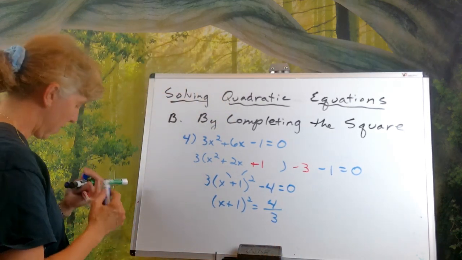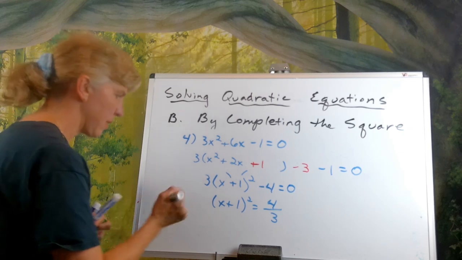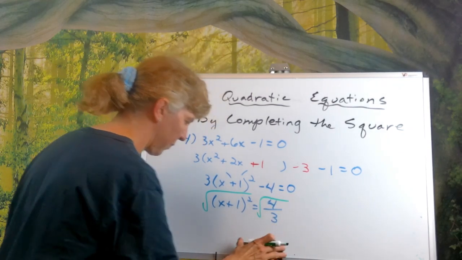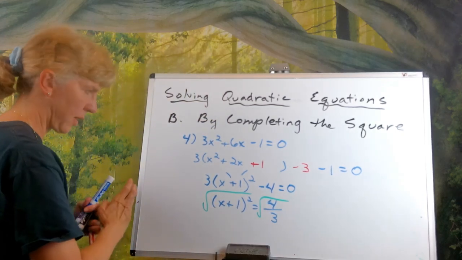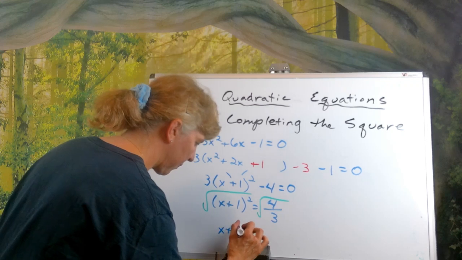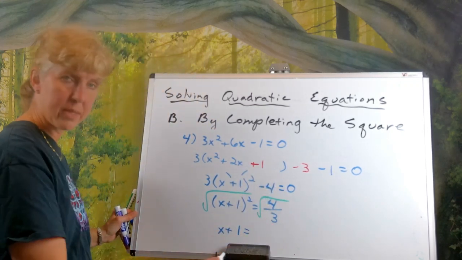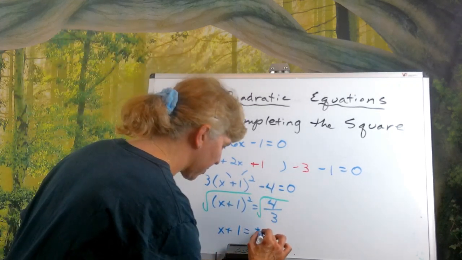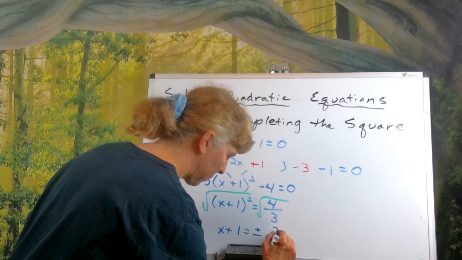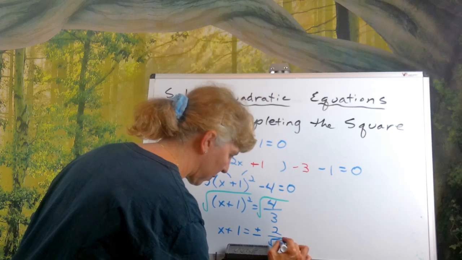Okay, and then I need to square root both sides. On the left-hand side, I'll have x plus 1. On the right-hand side, I'll have my plus or minus. I'm going to go ahead and square root my 4, because that'll just be 2, over square root of 3.